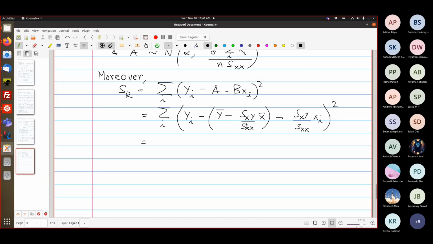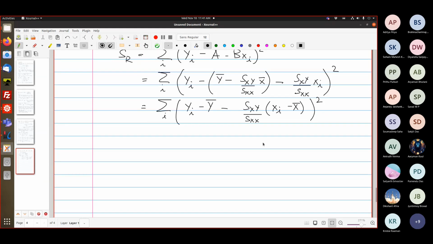Now you see there are two kinds of terms. There's yi minus y bar, and maybe I'll write it step by step: yi minus y bar minus Sxy by Sxx times xi minus x bar, whole squared. So xi comes with a negative sign and x bar comes with a positive sign. I'll write this square as this squared plus this squared minus twice the product.